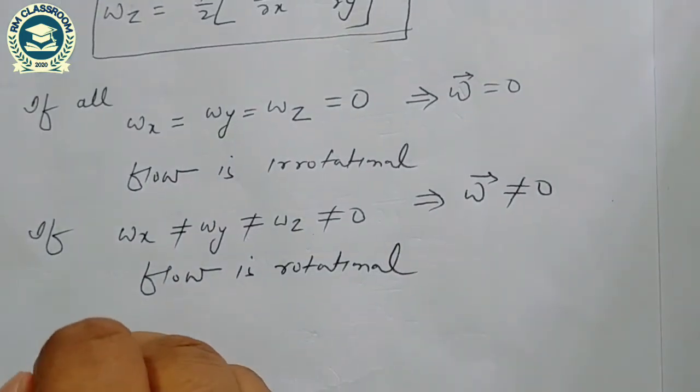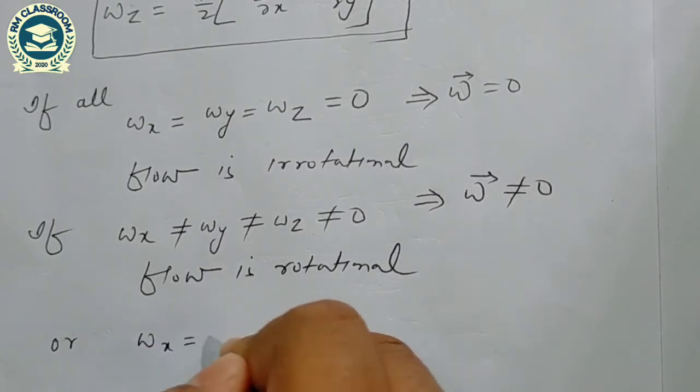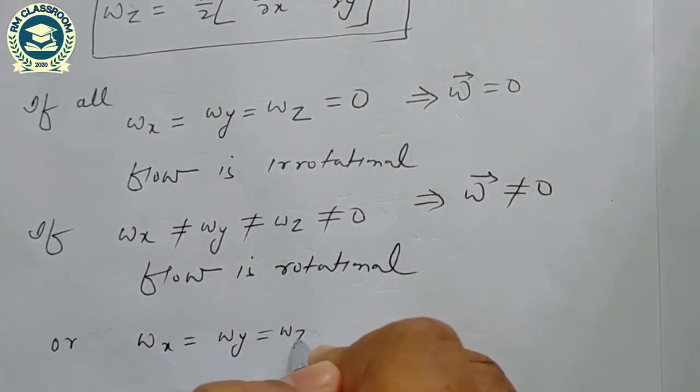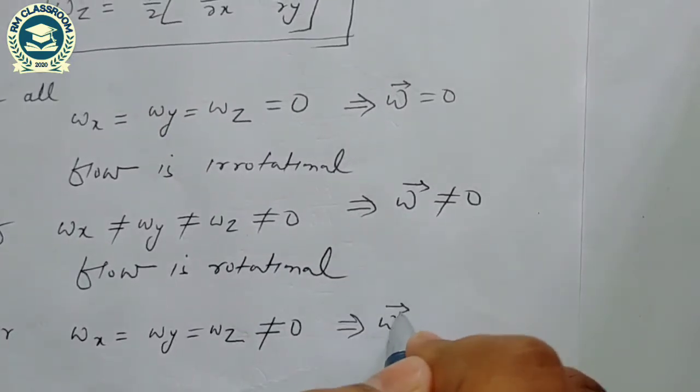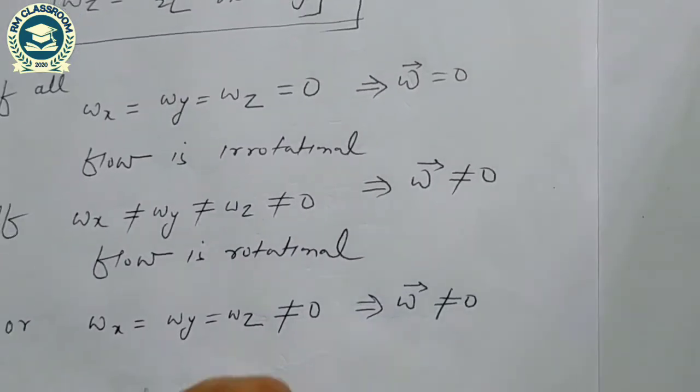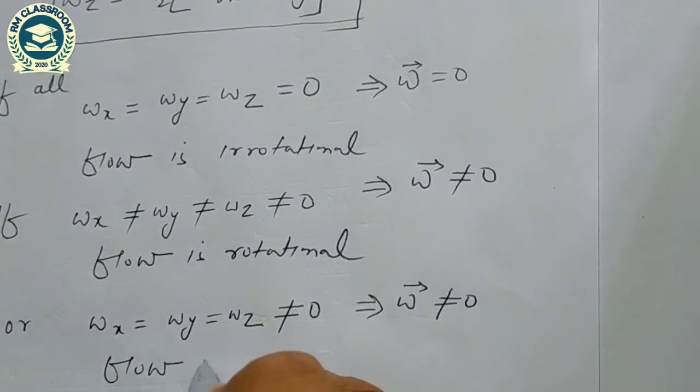Or omega x is equal to omega y is equal to omega z, but it is not equal to 0. It means rotational component is not equal to 0, so flow is rotational.